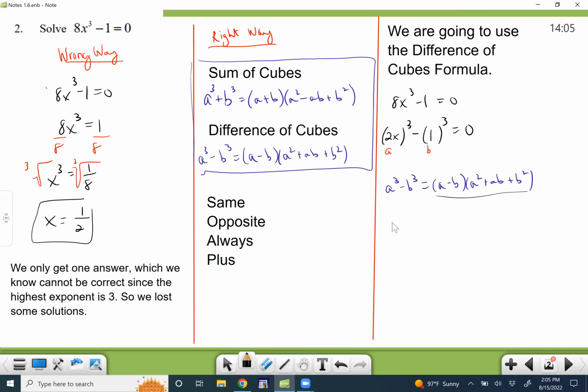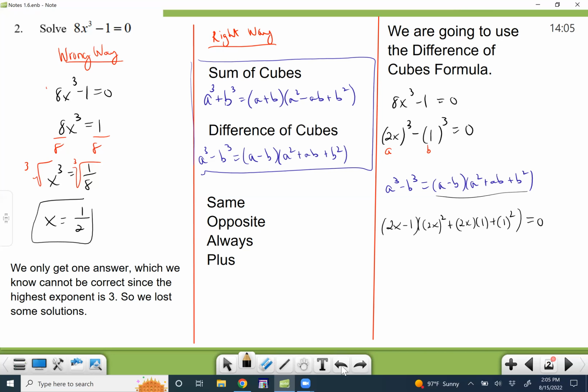A minus B. So it's going to be 2x minus 1. And then A squared would mean 2x squared. And then A is going to multiply by B. And then plus B squared. Don't forget all of this equals 0, right?